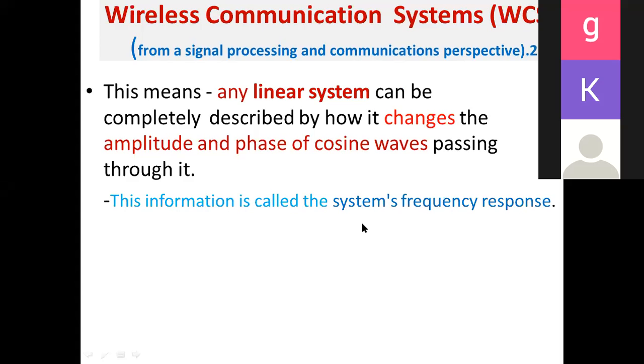I repeat, by using the Fourier transform or time domain convolution, we can describe any linear system: how that system changes the input signal passing through it, how the amplitude and phase of that signal change. This particular information is called the system's frequency response.